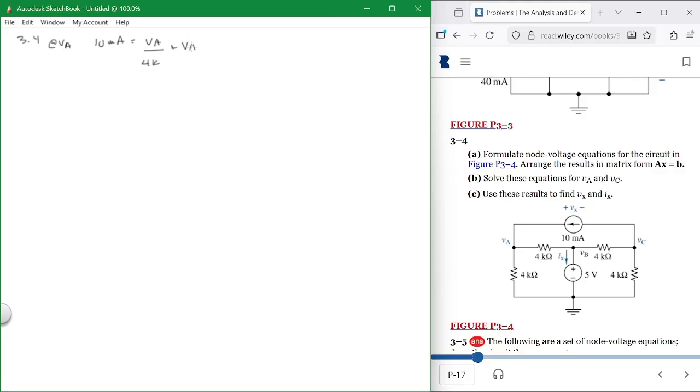Plus VA minus 5, because it's at 5 volts right there at VB. We really don't need VB, do we? We know VB. VB is 5, so we really don't have to write an equation at that. So basically, we still have 2 equations, 2 unknowns. So it's VA minus 5 over 4K, and that's it.